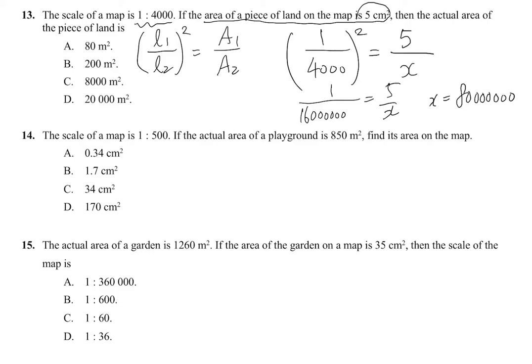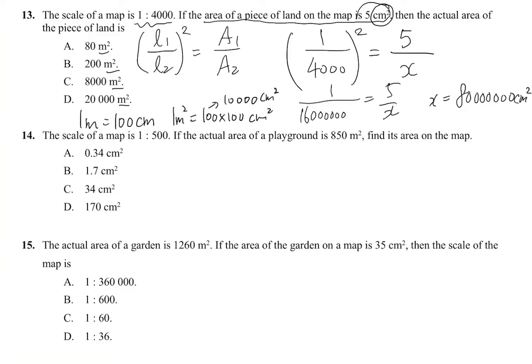But notice that the unit is in cm², but the answers are all in m², so you need to learn the conversion rates. 1 meter is equal to 100 cm, but this is 1 meter squared. 1 m² is equal to 100 times 100 cm², which would be 4 zeros.